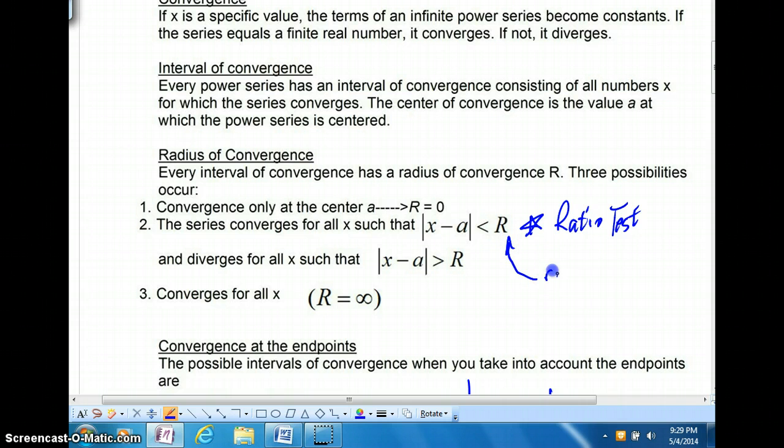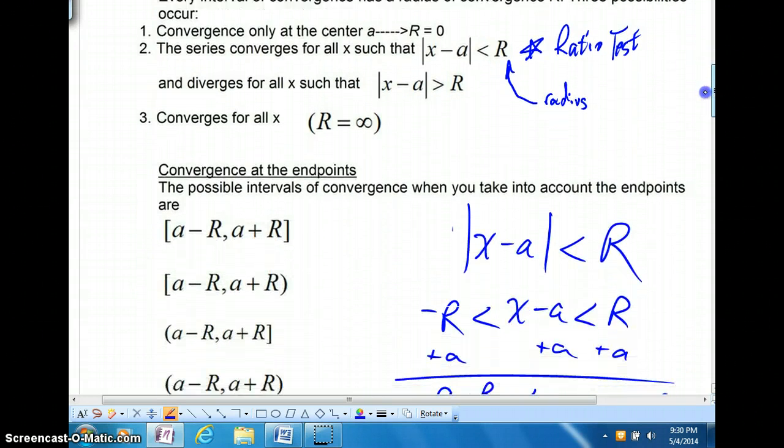This would be our radius of convergence, and of course we could then test endpoints. We'll talk about that in just a moment. Of course then our series would diverge for the absolute value of x minus a greater than r. It's also quite possible that our series would converge for all real values.